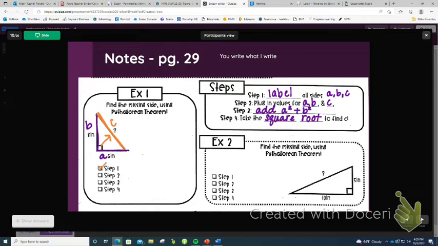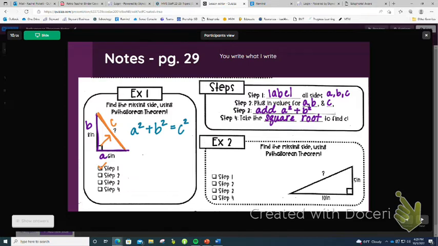We've labeled our triangle. Now we're going to plug in values for these letters. So what I want you guys to do is write out your original formula. A squared plus B squared equals C squared. We're going to be seeing that a lot today, so get used to that formula. So we're going to plug in our numbers.